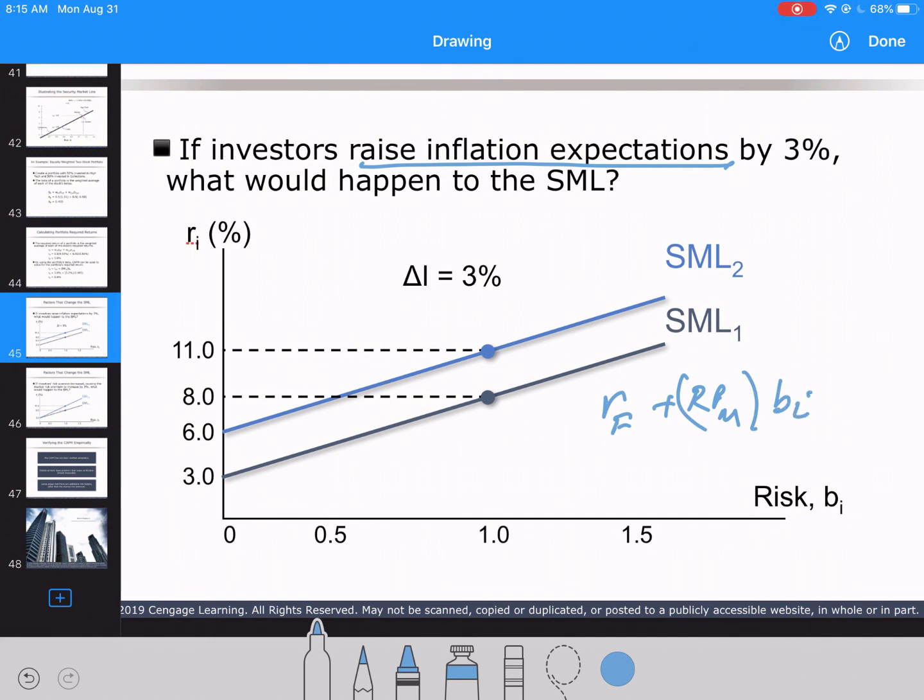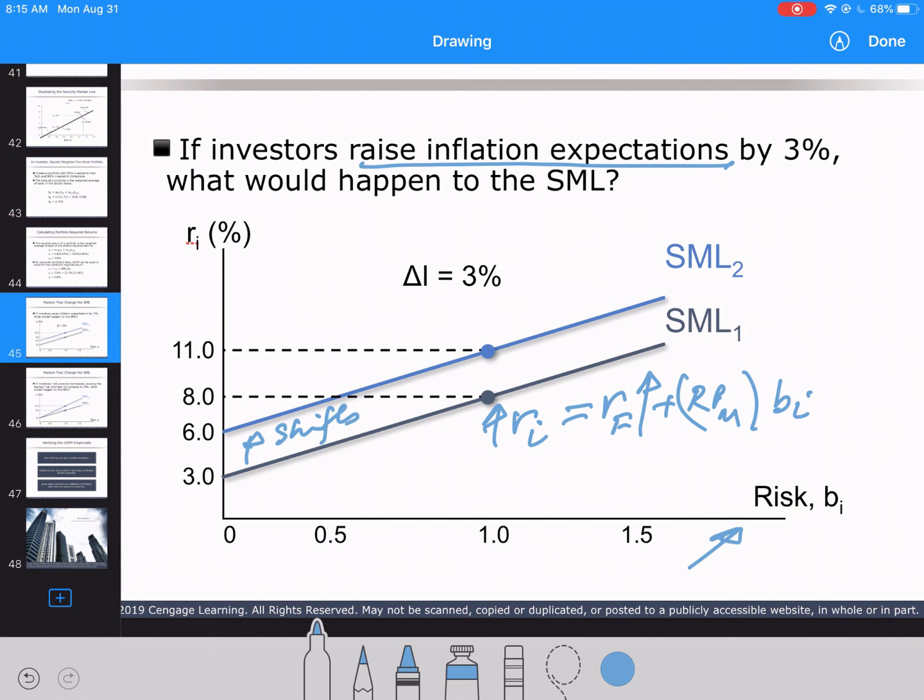Now, all the betas are on the x-axis. So what would be your return for this? You see, as your expected inflation goes up, your RF goes up, because RF has expected inflation in it. Therefore, your required rate of return goes up, and this shifts.